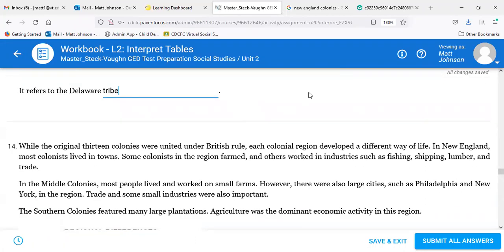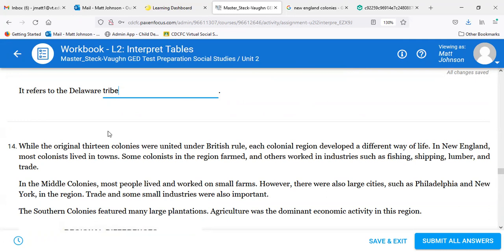All right, new table, new text. So for number 14, our text says, while the original 13 colonies were united under British rule, each colonial region developed a different way of life. In New England, most colonists lived in towns. Some colonists in the region farmed, and others worked in industries such as fishing, shipping, lumber, and trade.